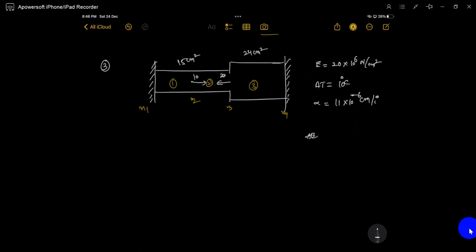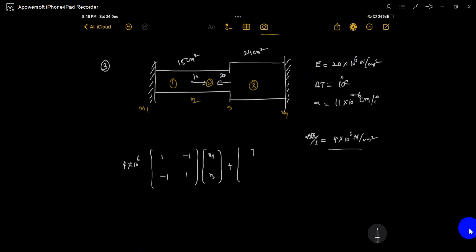For element 1, what is the AE by L value? 4 into 10 power 6 Newton per centimeter, times the matrix 1, minus 1, minus 1, 1, times U1, U2, plus the temperature term. We reserve the temperature force as P1 and P2.